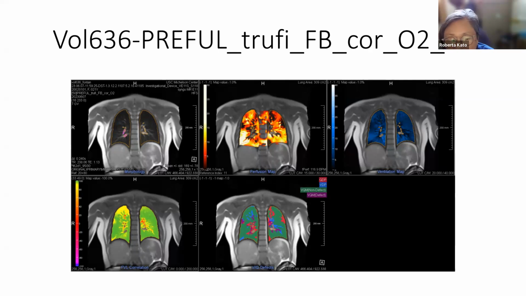But I don't know that the FVL needs to be reported in addition to the ventilation map, or maybe people still would like to report it just because it's an available metric and we're trying to understand it. But we can look at the data in a little bit to try to understand what should be reported.